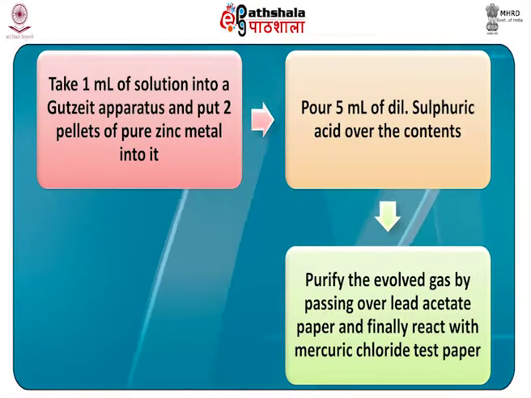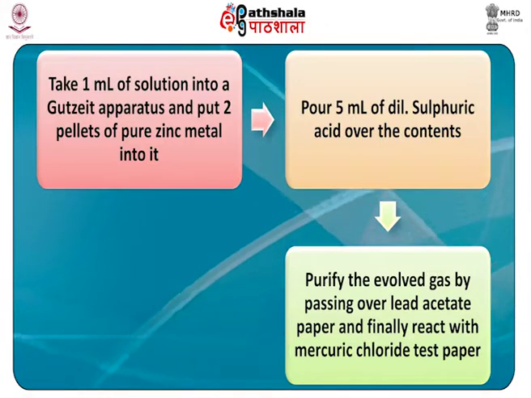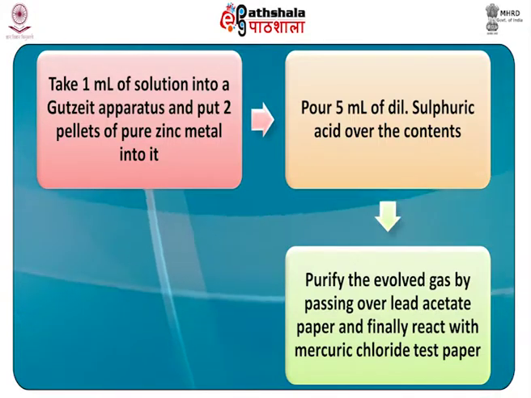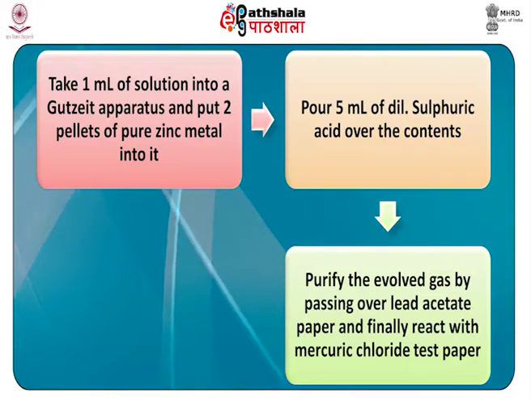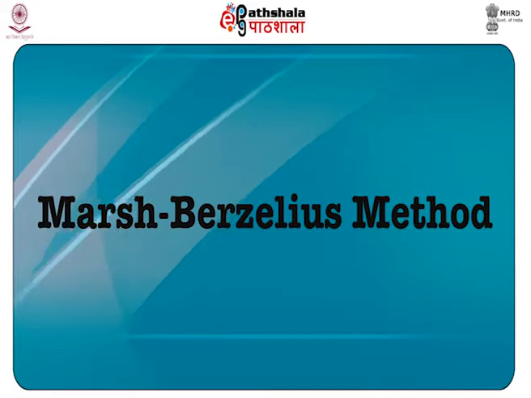The evolved gas is purified by passing over lead acetate paper so as to absorb the hydrogen sulfide gas and is reacted finally with mercuric chloride test paper. Next here is the Marsh-Berzelius method.